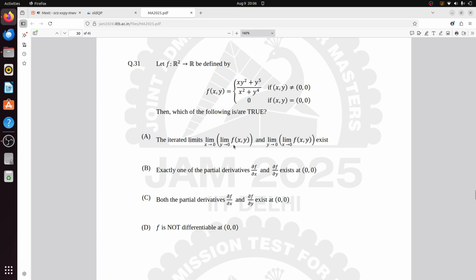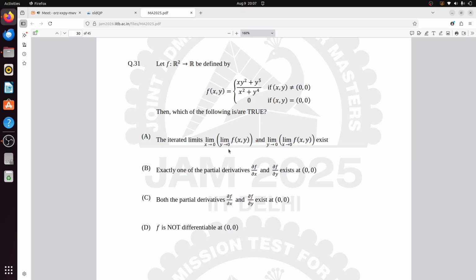So what I see is option C. The iterated limits: this limit exists, but I think this limit does not exist. No, the first one.